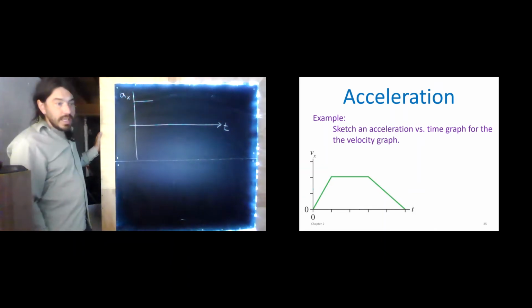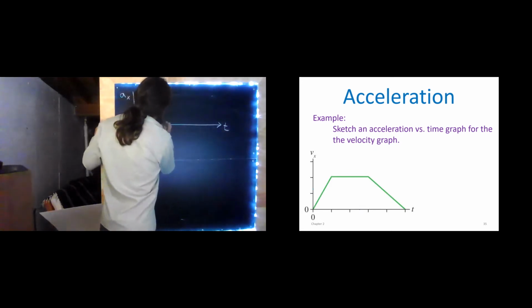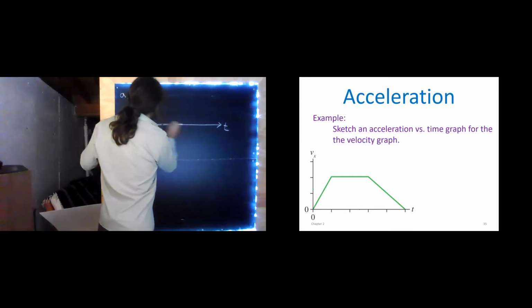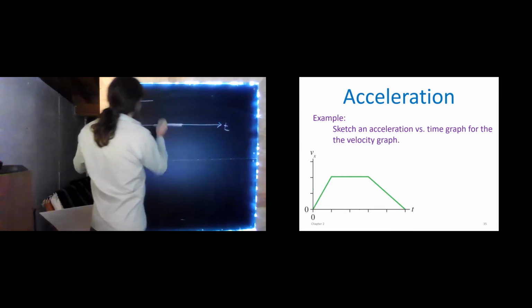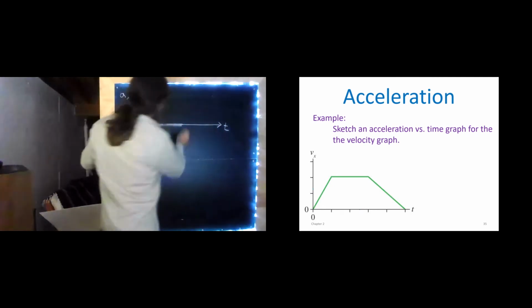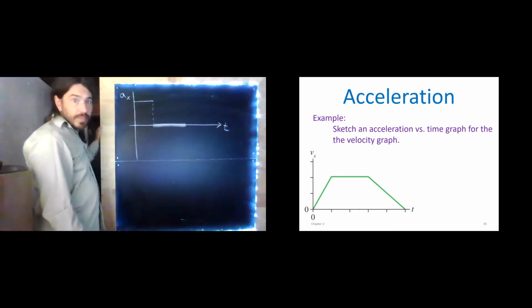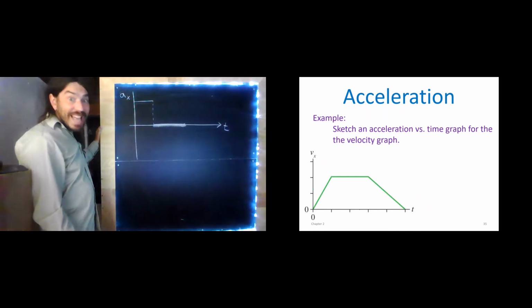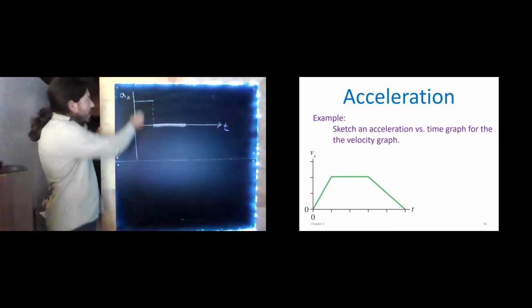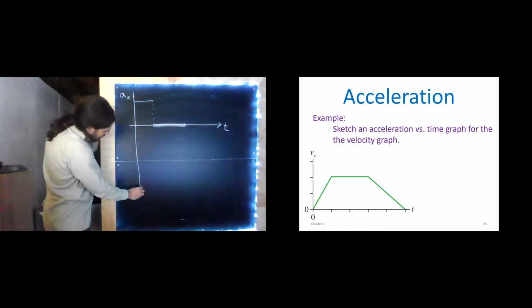And then it's going to be a slope of 0 for a couple of seconds. And again, we'll make this little dashed line to help guide our eye. And subsequently, we have a negative slope that should be twice as big as this. So maybe I should have given myself a little more room here.